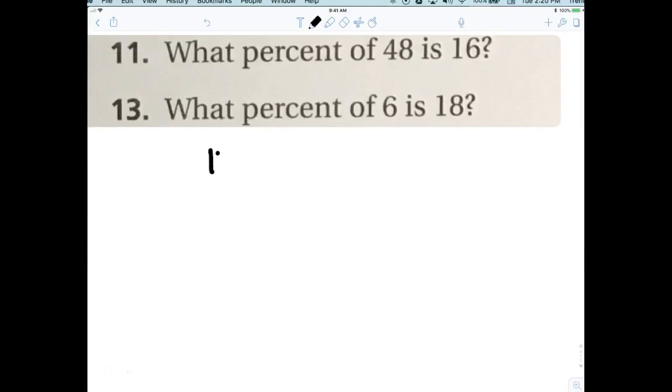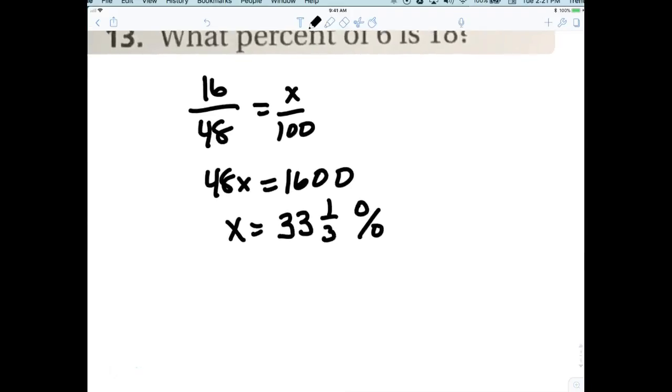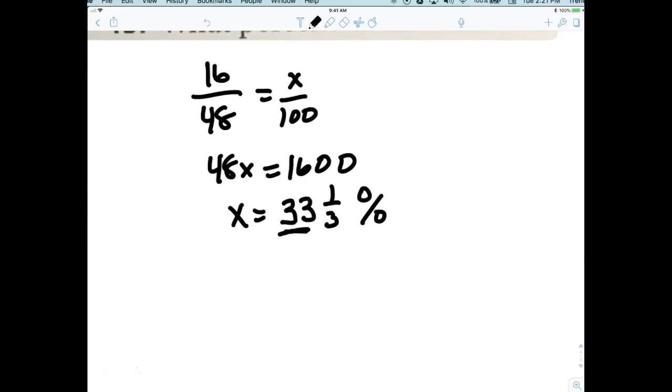16 over 48. Beautiful. And then 1600. And then x is 33 and 1/3. 0.3 repeating is 1/3.